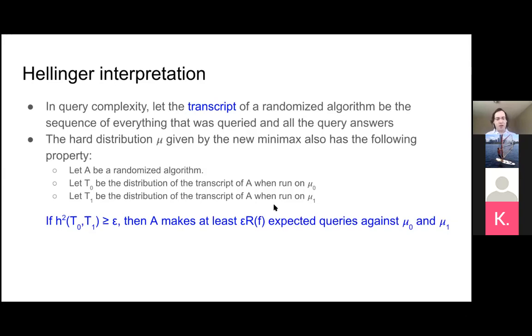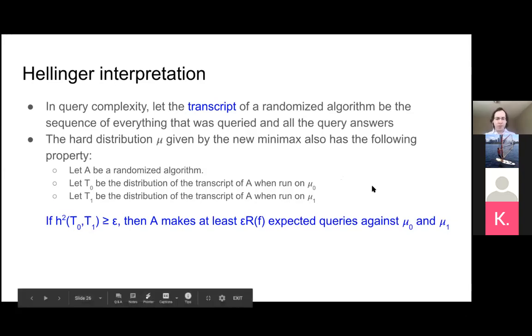So you can switch from the bias or score interpretation to a Hellinger distance between transcripts interpretation, where the two distributions are the transcript of the algorithm on 0 inputs and on 1 inputs. So this is a useful property.